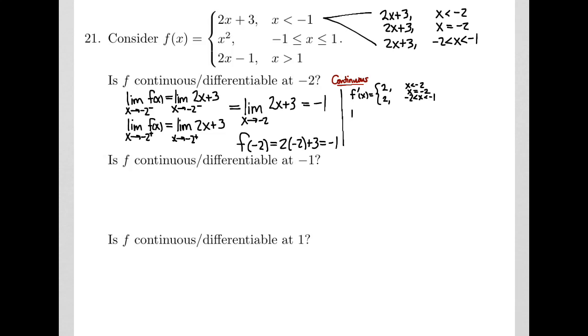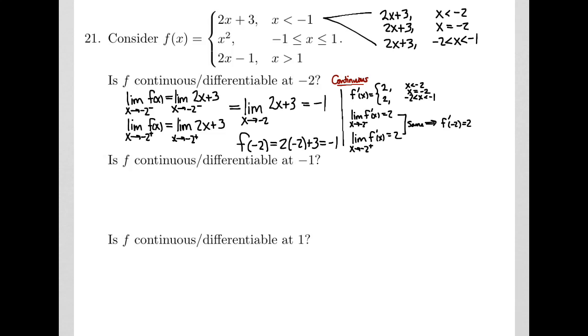Well, because the limit of my derivative as x approaches -2 from the left equals 2, and the limit of my derivative function as x approaches -2 from the right also equals 2, and those are the same, this implies that f prime at -2 must be 2.